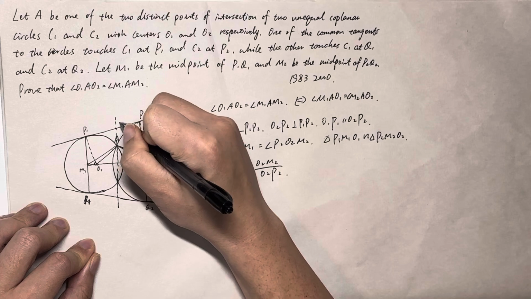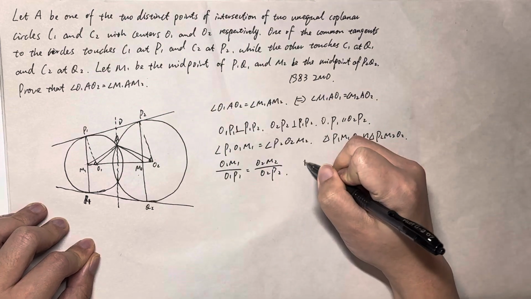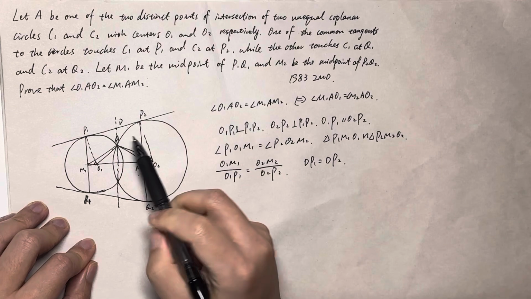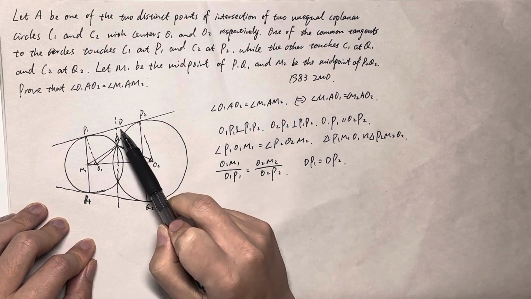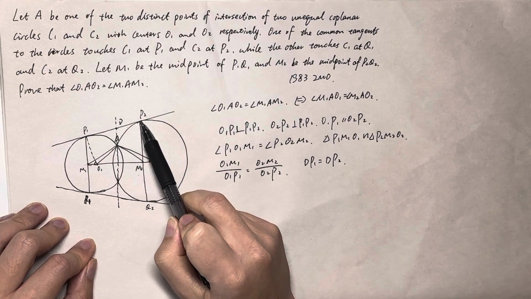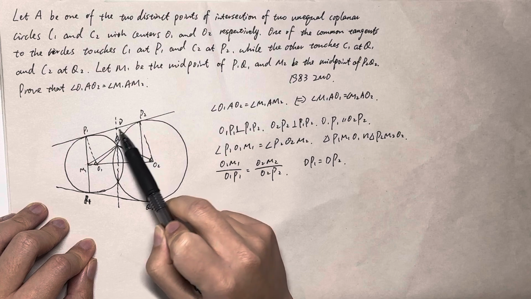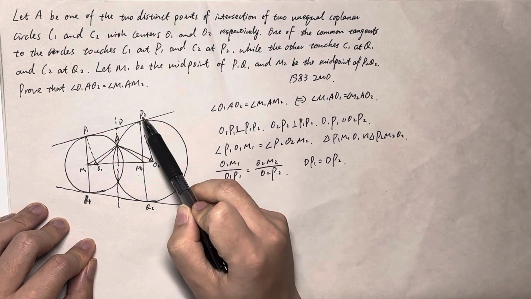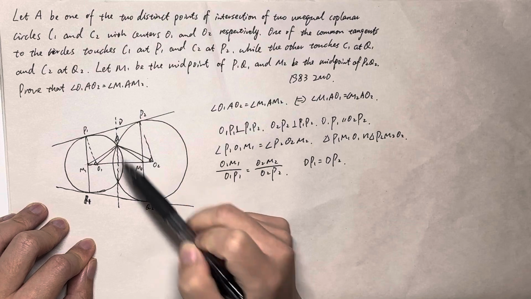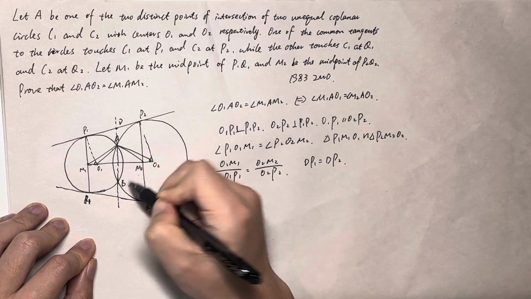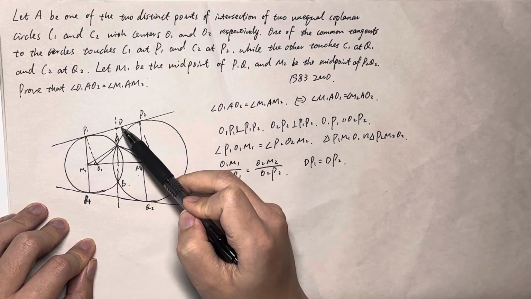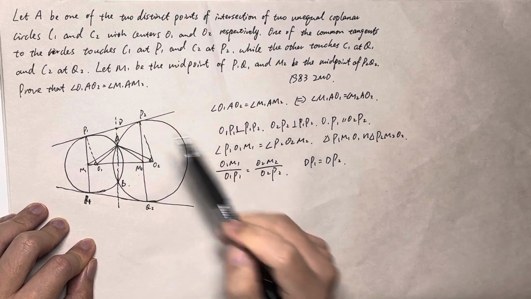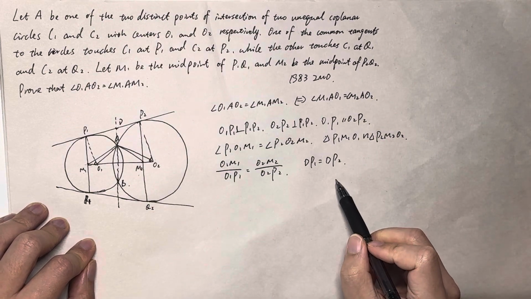Let's call this point D. So we know that DP1 equals DP2. It's very easy to prove. Because DP2 is a tangent of O2, DP2 squared equals DA times DB, and DP1 squared equals DA times DB. So DP1 equals DP2.